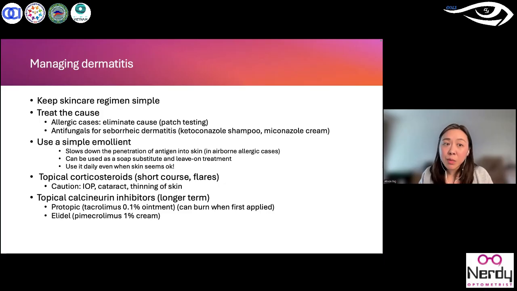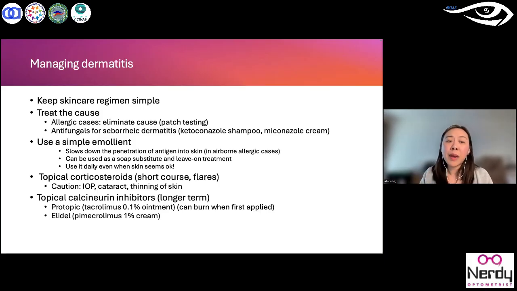Some different types of emollients can be used as a soap substitute. So what I mean by that is they can apply it, use it as a cleanser, gently remove any excess and then leave it, so you don't have to rinse it off. So it's more of a leave-on treatment. For those whose skin is really triggered by even water, it can be really helpful and quite soothing for those patients.